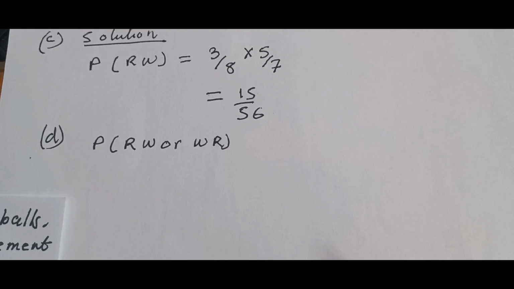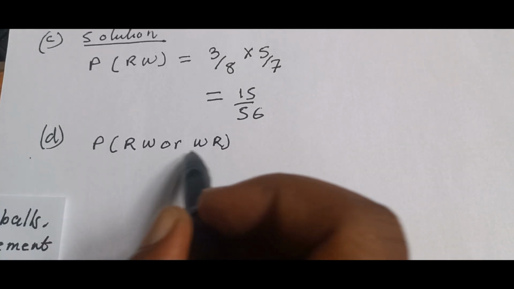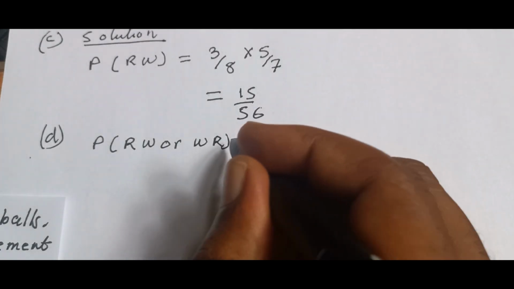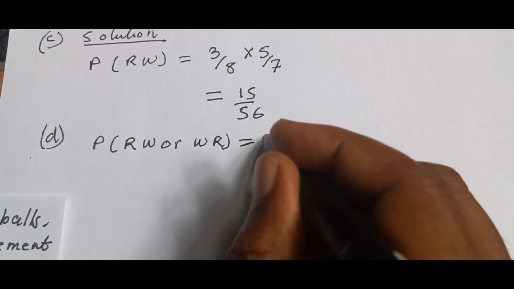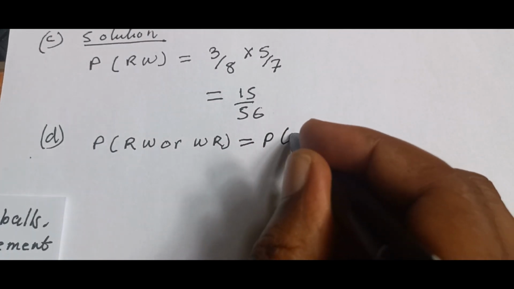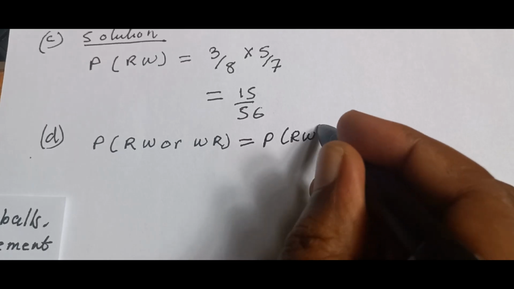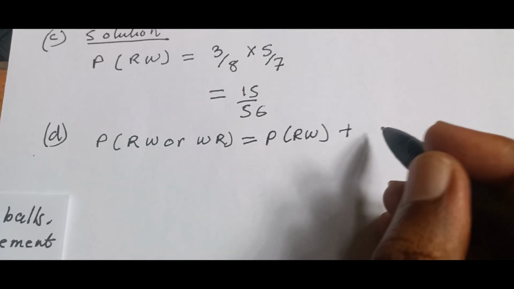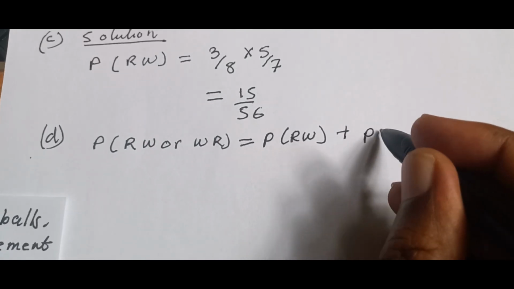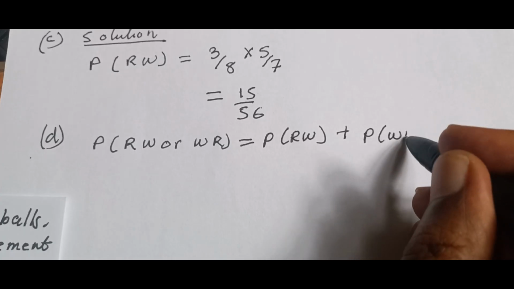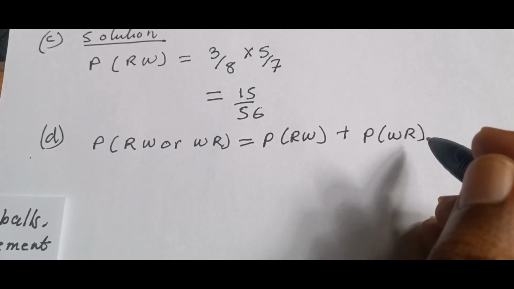The first can be red, the second can be white. It means red, white, or white, red, which equals the probability of red, white plus the probability of white, red.